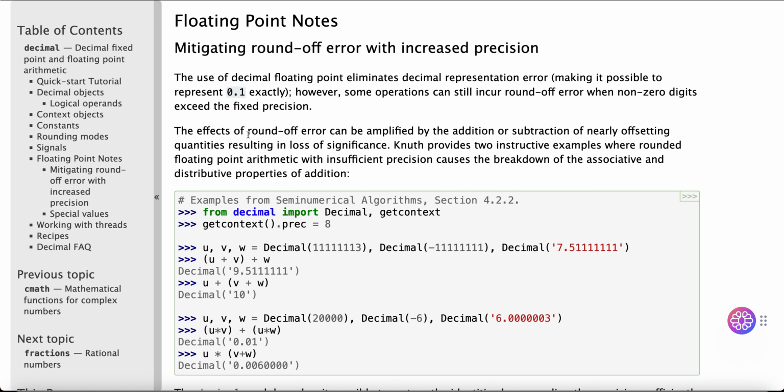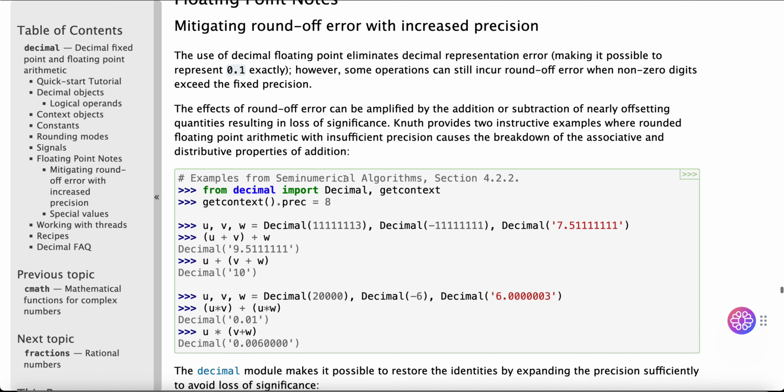The effects of round-off error can be amplified by the addition or subtraction of nearly offsetting quantities, resulting in loss of significance. Knuth provides two instructive examples where rounded floating point arithmetic with insufficient precision causes the breakdown of the associative and distributive properties of addition.